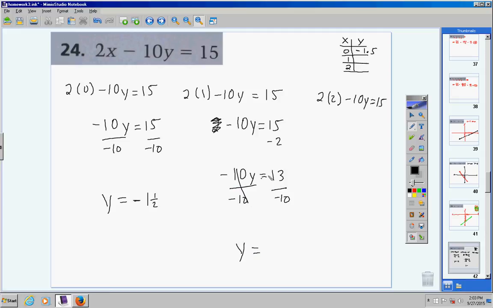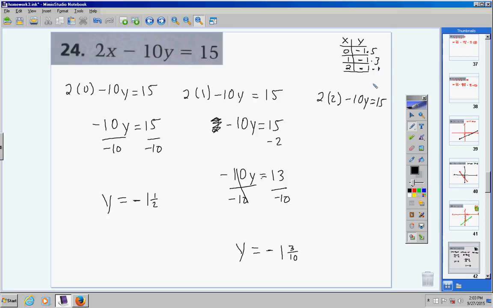Y equals a positive over negative is negative. 10 goes into 13 one time with 3 left over. So 1 and 3 tenths. Or if you type into your calculator 13 divided by negative 10, you'll get negative 1.3. So you look at this pattern, 1.5, 1.3, the next one should be 1.1.